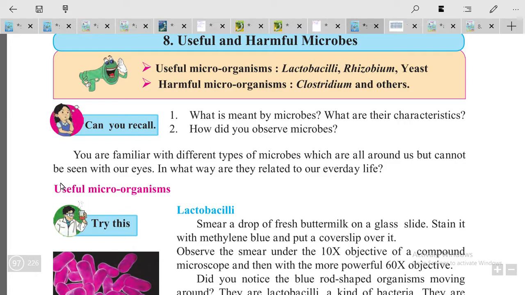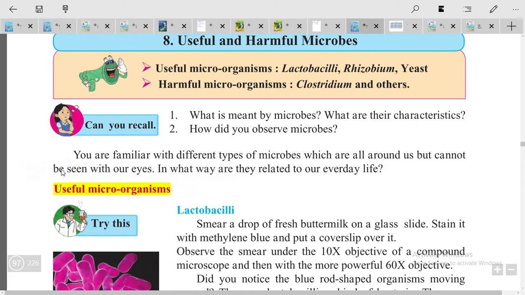Many of our foodstuffs contain microorganisms, or the microorganisms are present in the air, in the soil, and any other places microorganisms are found.